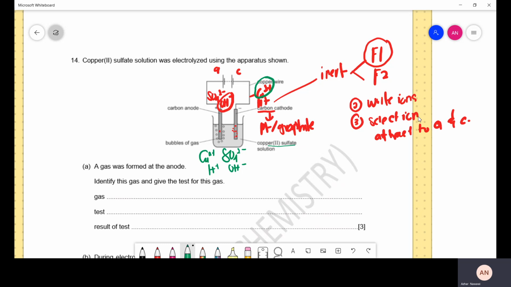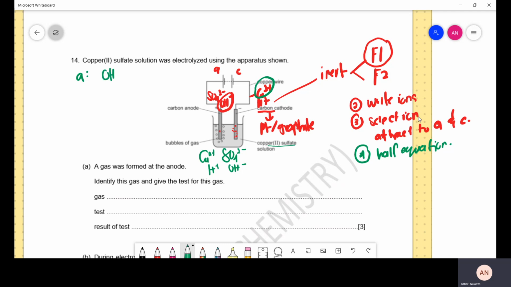The fourth step, after you choose the ions that are attracted, is to write the half equation. Even if the question doesn't ask, you need to do it because it helps you know what reactions occur. At the anode, which is positive, what do you select? OH minus.